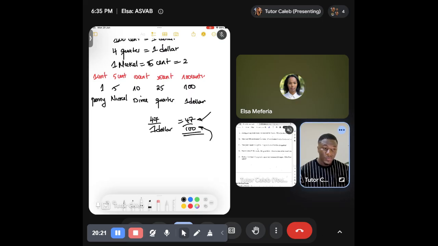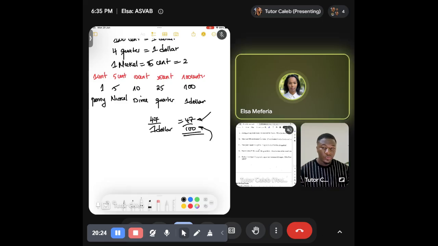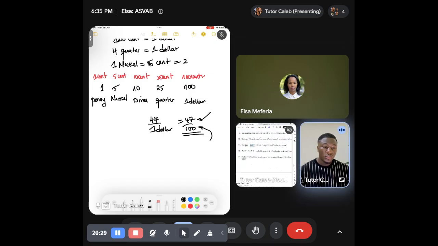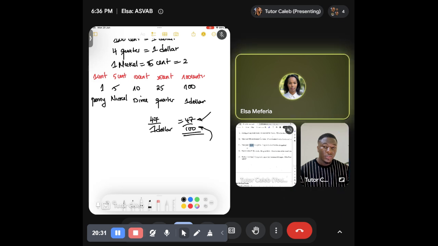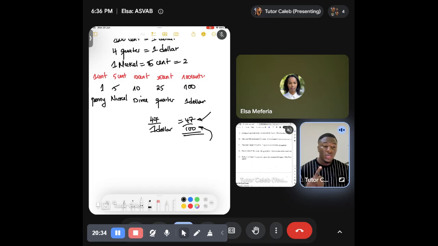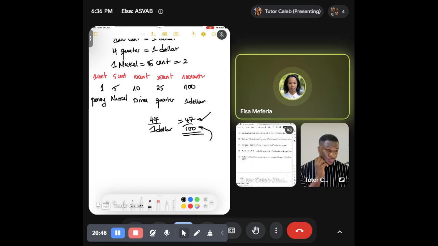Okay, hold on. So 4 quarts over 1 gallon, right? Equals 1 gallon. So, quarts, okay, I guess. So, yeah, that's what I said, 3 quarts over, did I mention that?